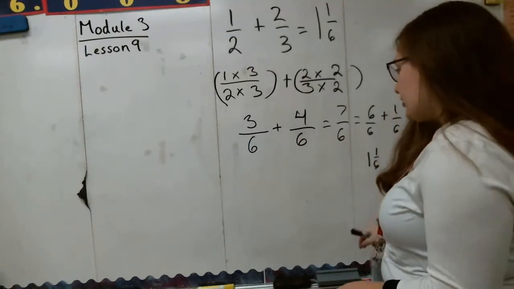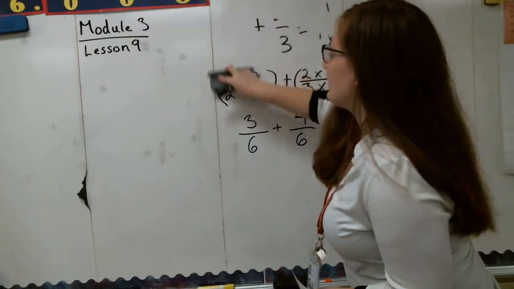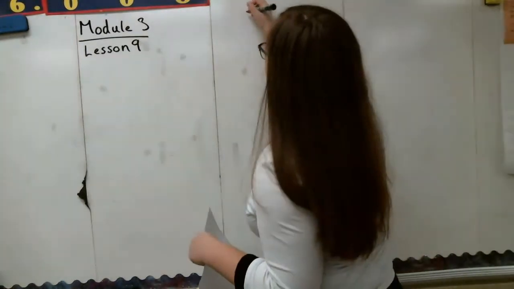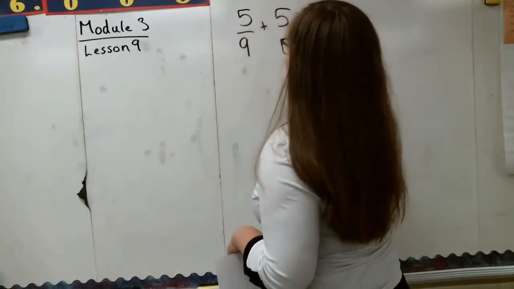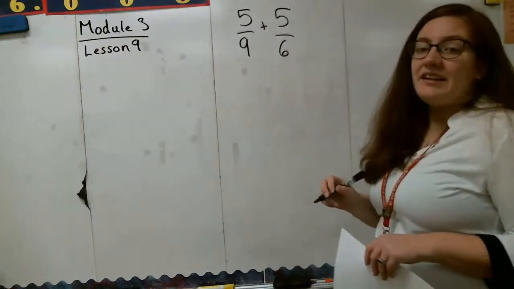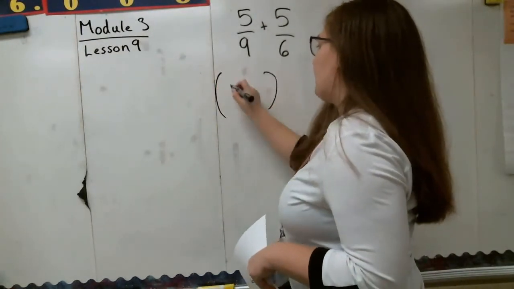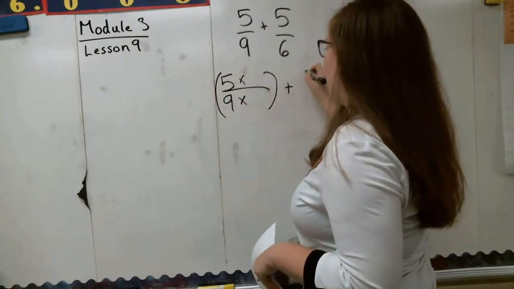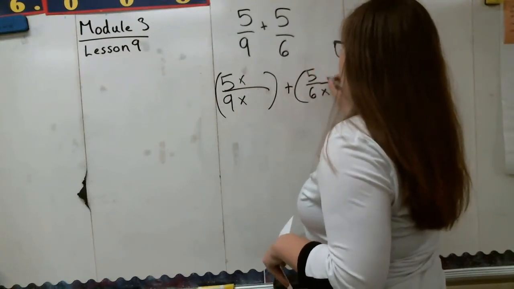All right, now we're going to move into a tougher problem. For this problem, we're going to have some bigger fractions. We have 5/9 plus 5/6. Now, in this situation, by now you probably think, okay, I have 5/9 over here, and 5/6 over here.